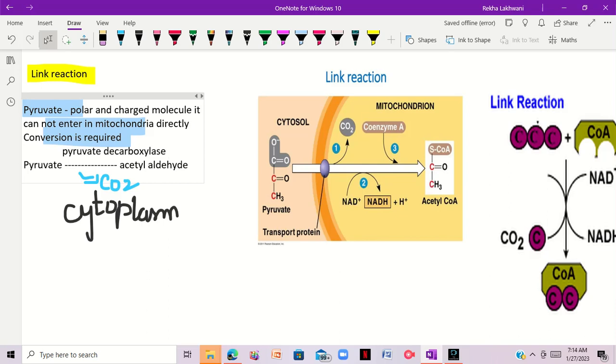Now this acetaldehyde is converted into acetyl, and this reaction is still happening in the cytoplasm. Don't look at this picture right now, I'll explain. So this acetaldehyde is converted into acetyl by the enzyme dehydrogenase.